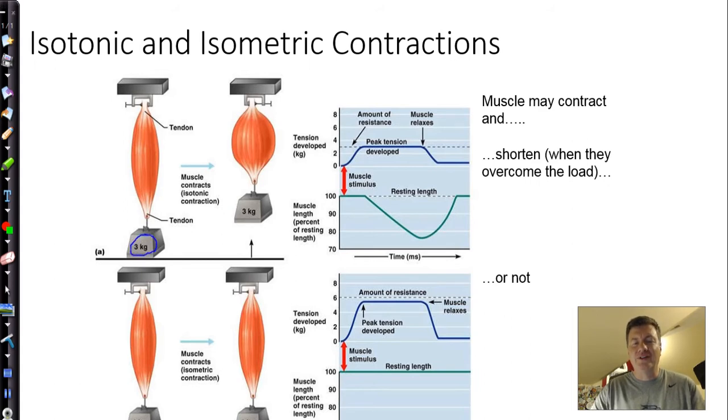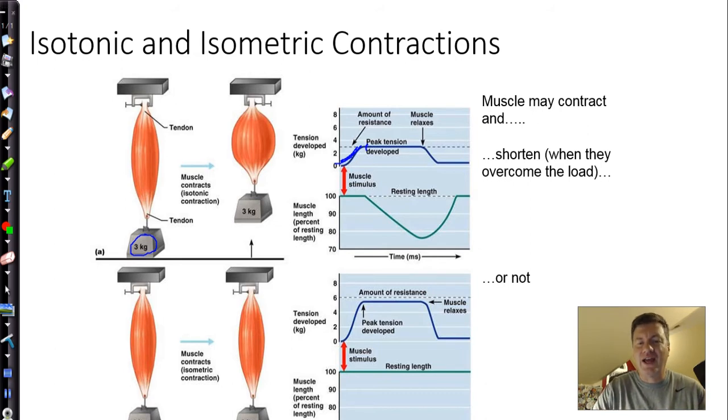So what happens is, as this muscle is stimulated and it begins to contract, first it begins to develop a tension. It begins to get tension, but at the myosin and actin, they begin to develop cross bridges, and tension increases.